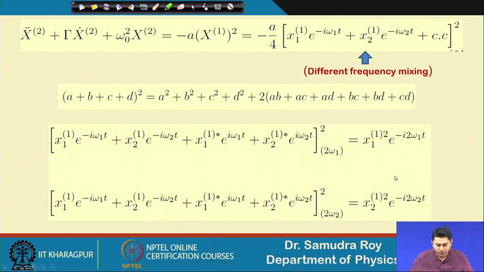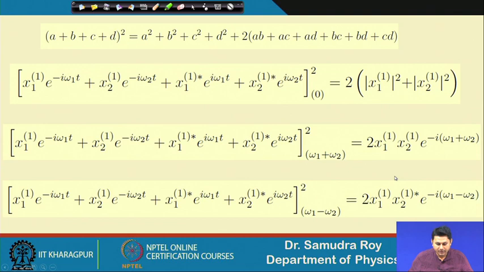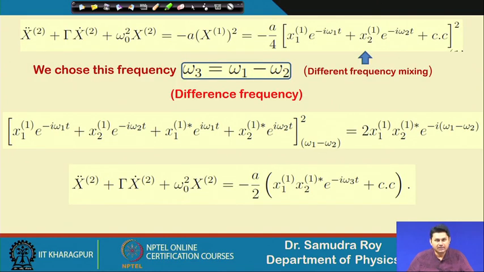In the next slide, the same thing: the zero frequency, omega 1 plus omega 2 frequency, omega 1 minus omega 2 frequency. I just extracted the different frequency components, showing how the amplitude appears on the right-hand side.